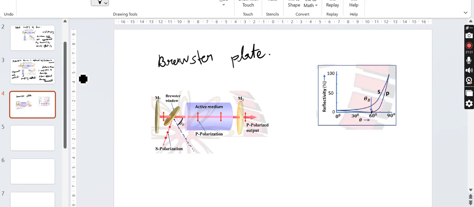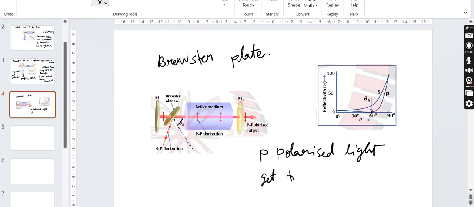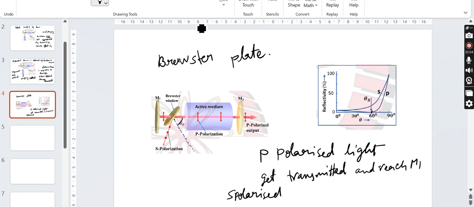And when this light falls on the Brewster window, the p-polarized light gets transmitted and reaches M1, and s-polarized light also reaches M1, but it also gets reflected and transmitted.